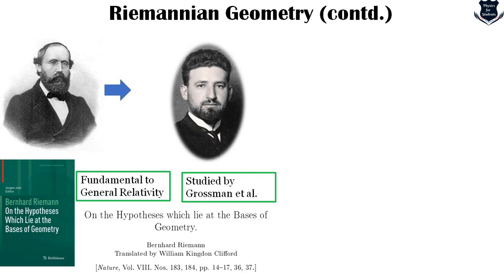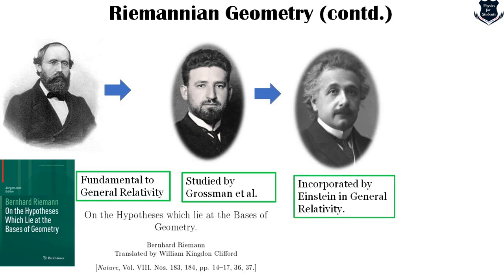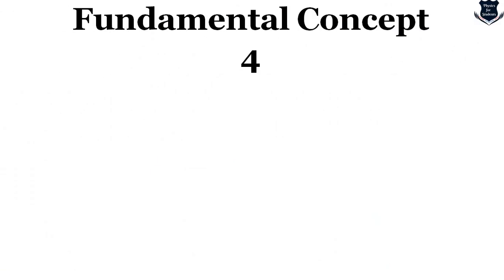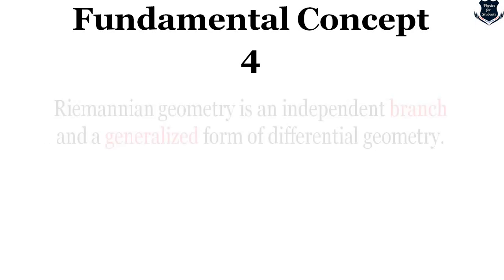As we have seen, it is an independent field of study. Then it was used and incorporated by Einstein, to which Marcel Grossman and Michele Besso made important contributions, and Riemannian manifolds, smooth manifolds, are used by Einstein to formulate a comprehensive theory. So what is the fourth concept coming on our way for this video?